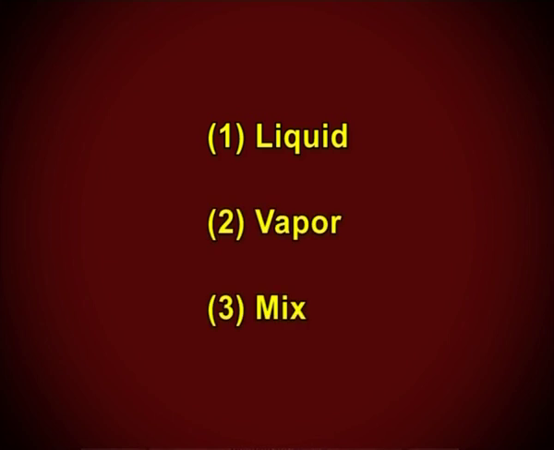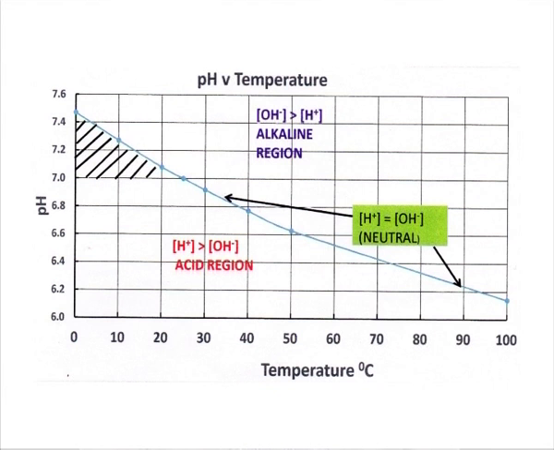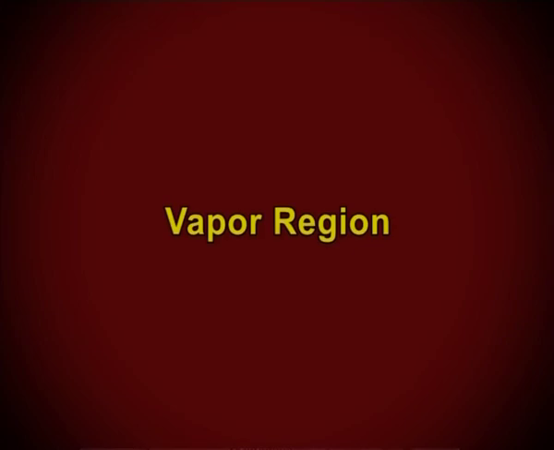Mix. 1. Liquid region. The liquid region is also known as the subcooled region. In this region, there are vertical temperature lines which increase as enthalpy is increased. Figure 8 is a simplified pH diagram illustrating the constant temperature lines. 2.